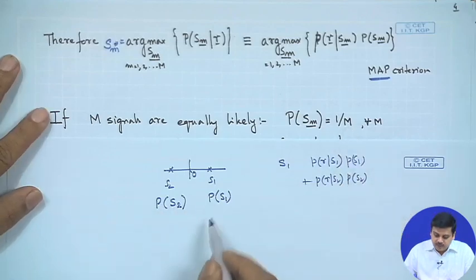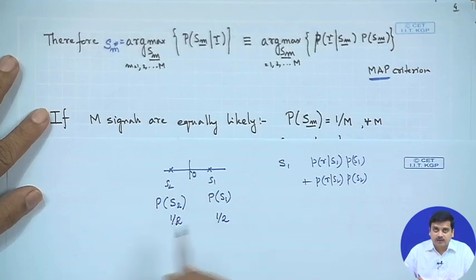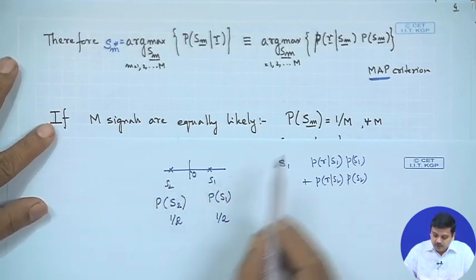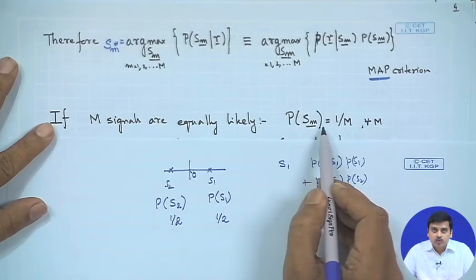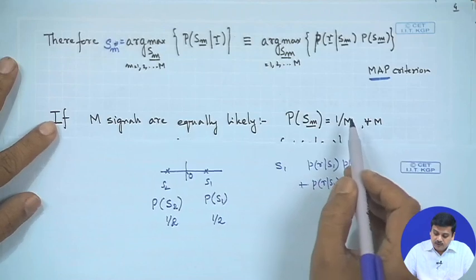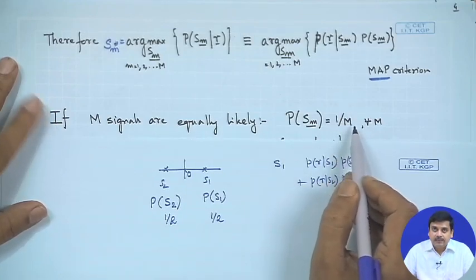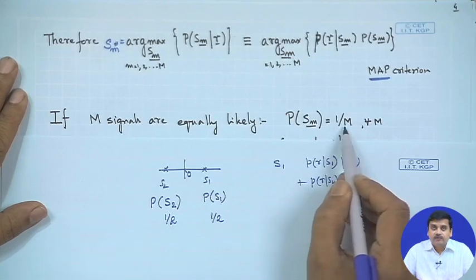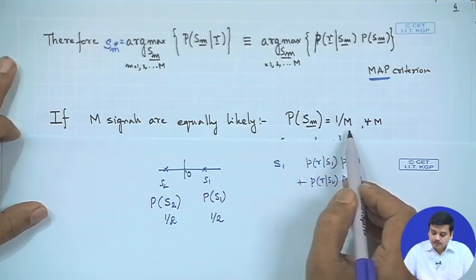With this particular example, we said that the probability of sending S1 is half, the probability of sending S2 is half. So, they are equiprobable. P of Sm should be equal to 1 upon 2. If there are m such possible signals, and if they are equiprobable, then P of Sm is 1 upon m.